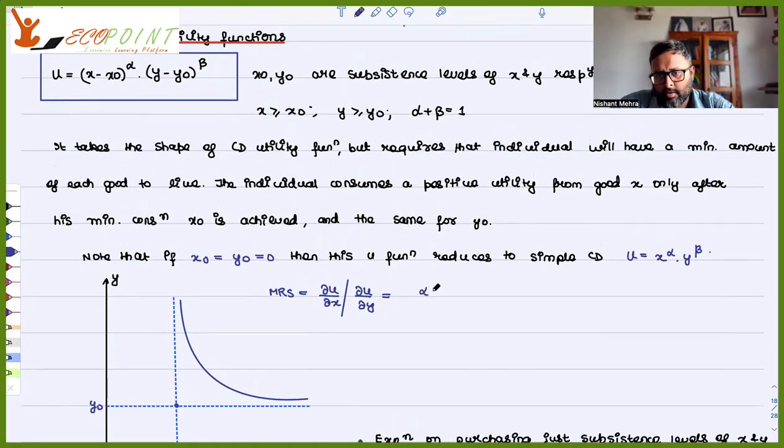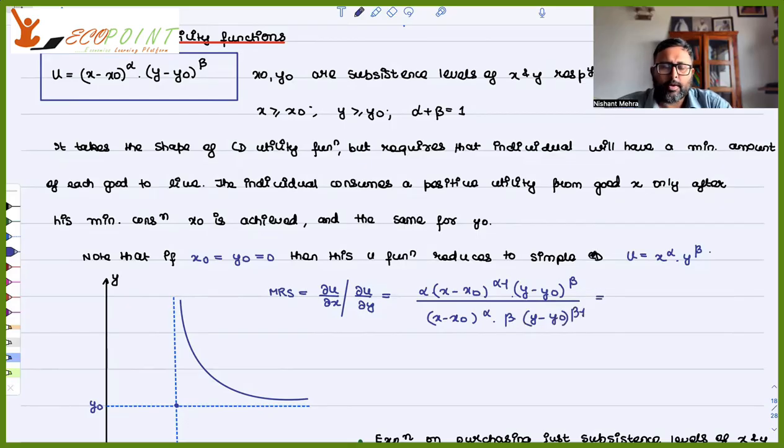Your alpha times (x minus x naught) to the power alpha minus 1, times (y minus y naught) to the power beta, whole upon (x minus x naught) to the power alpha times beta (y minus y naught) to the power beta minus 1. So once you solve this, you will have what? Alpha upon beta.